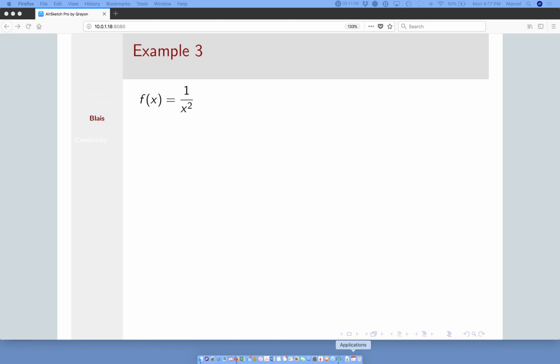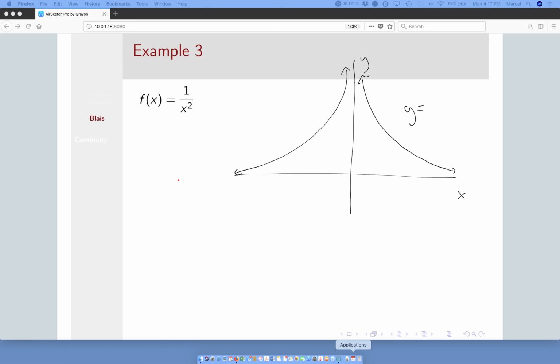Another classic example, 1 over x squared. We know this function looks similar to 1 over x in the first quadrant, but then it's brought up from the third to the second quadrant. So this is similar. This also has a discontinuity at x equals 0. And again, it's because the limit does not exist. The limit as x goes to 0 of 1 over x squared is an infinite limit.